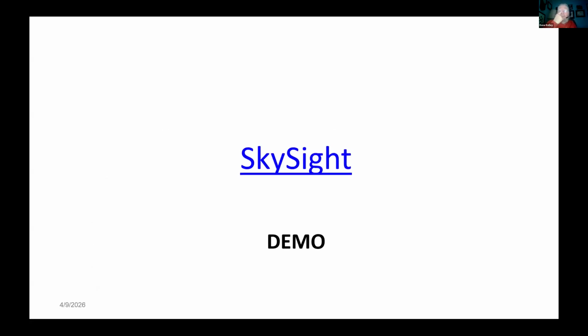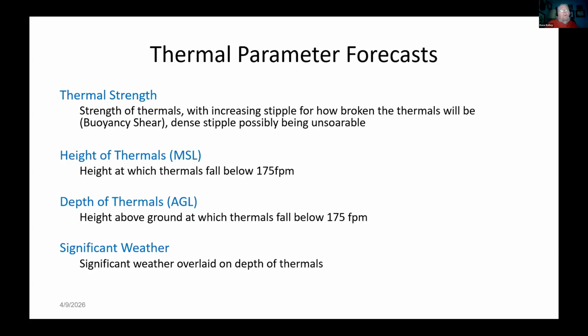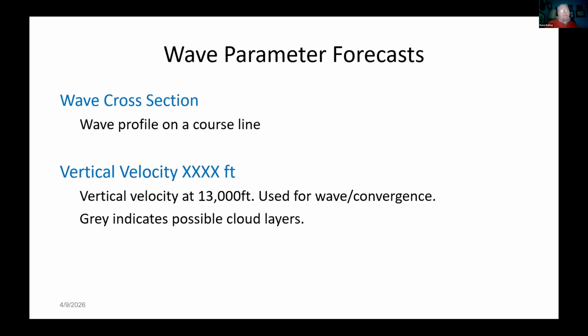Now, as we go into this demo, I'm going to be talking about the parameters. I'm going to be showing them to you. In the slide deck, I have every one of the parameters I talk about. I have pulled the help description and put it in the slide deck for all of the parameters that I'm going to talk about.